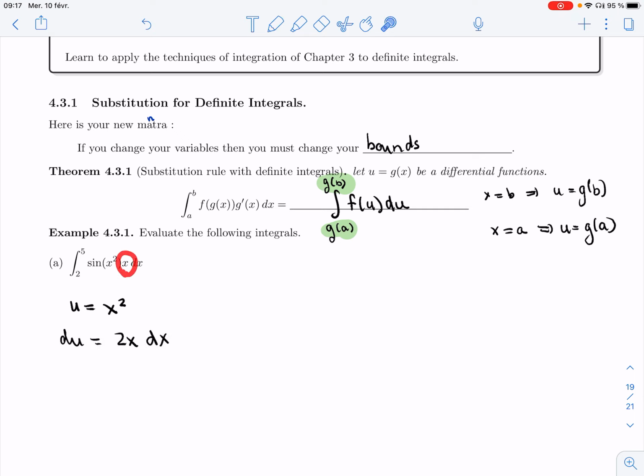I have the x, and so what I'll get is x dx, which is what I have, will be 1/2 du. All right, so this would be the integral of sine of u, 1/2 du. So that's the substitution that we usually do. And now I have to worry about 2 and I have to worry about 5.